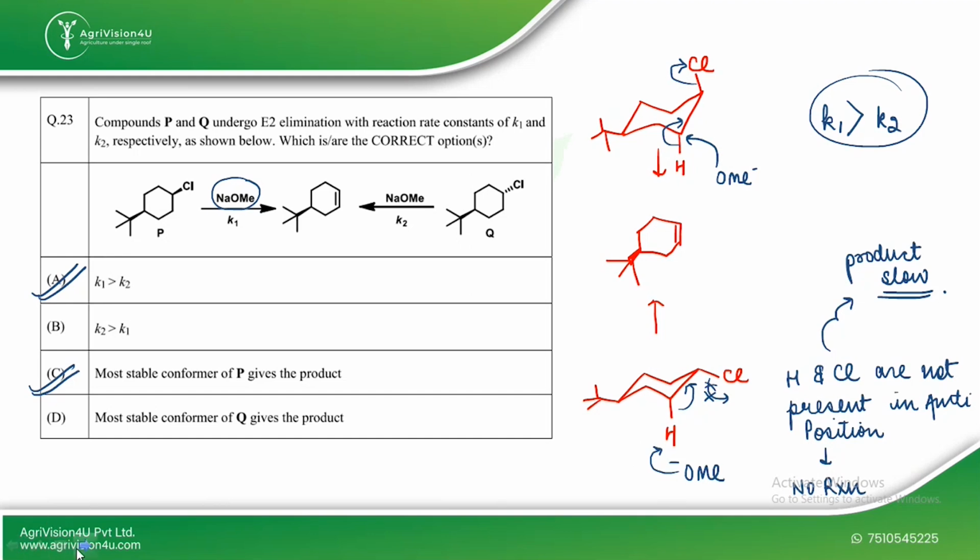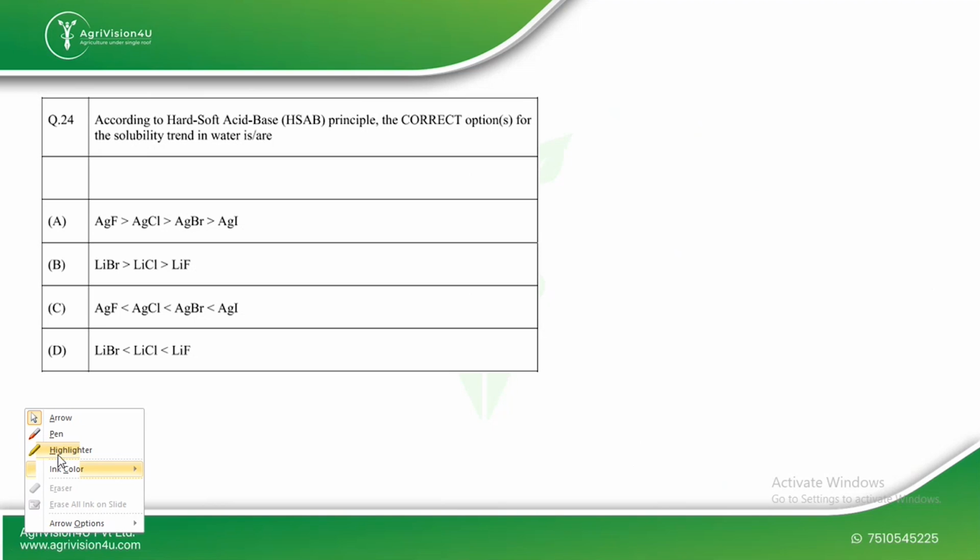Now when we come to the next question, the next question is on the HSAB (hard soft acid base) principle. The correct order for the solubility trend will be, so Ag plus is a soft cation and I minus, a very big size anion, is also soft.